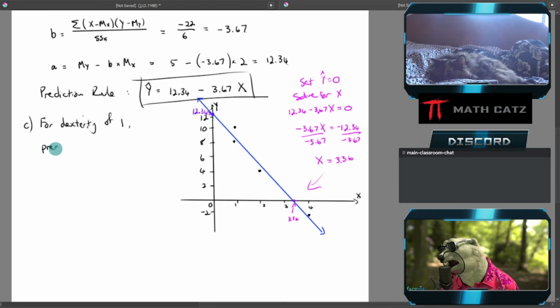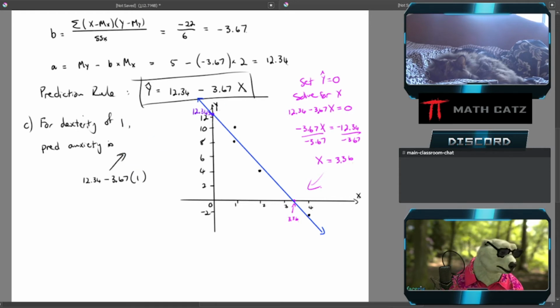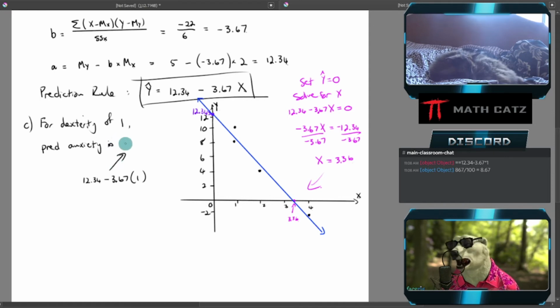The predicted anxiety is, well, we plug it in, 12.34 minus 3.67 times 1, that score of 1, and we get, I'll just do it so we can see, 12.34 minus 3.67 times 1 in this case, and we get 8.67.